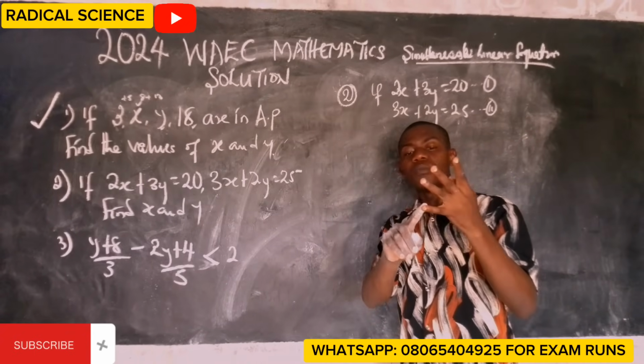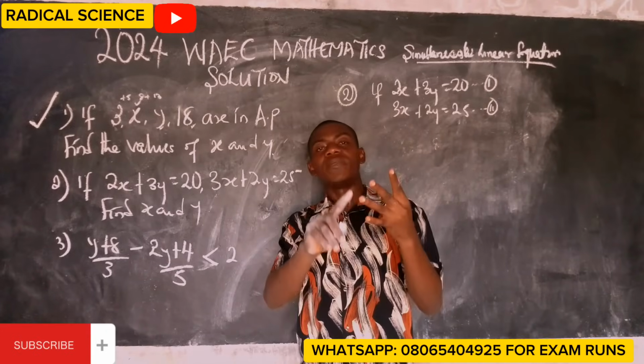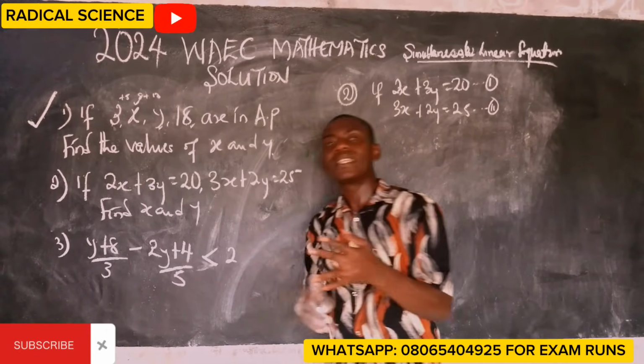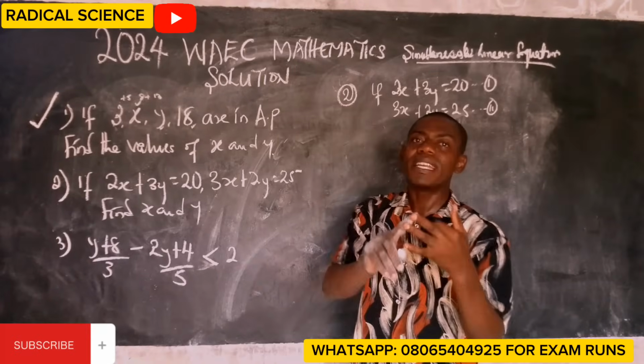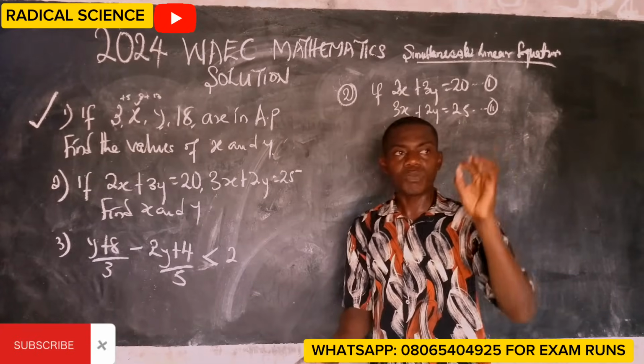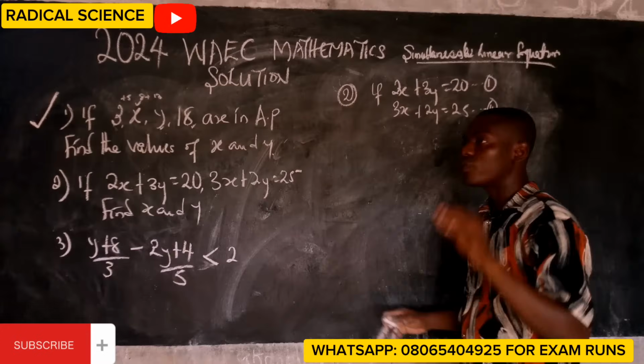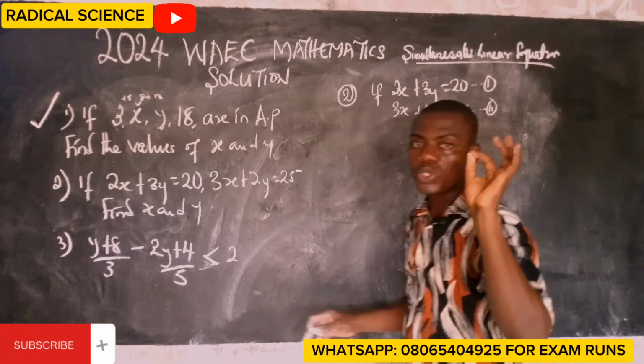Number 1, we have substitution method. Number 2, we have elimination method. Number 3, we have matrix method, and we have graphical method. You are not expected to solve graphically. We are going to solve using substitution method.